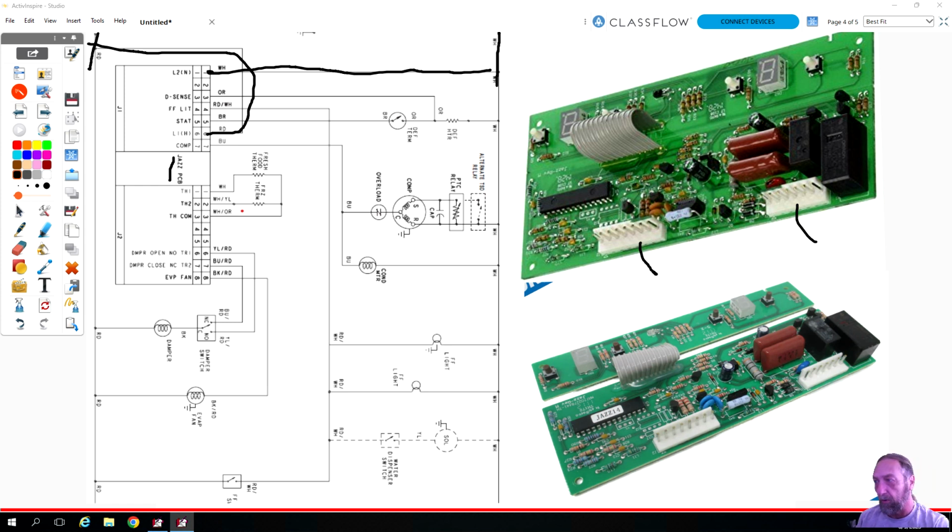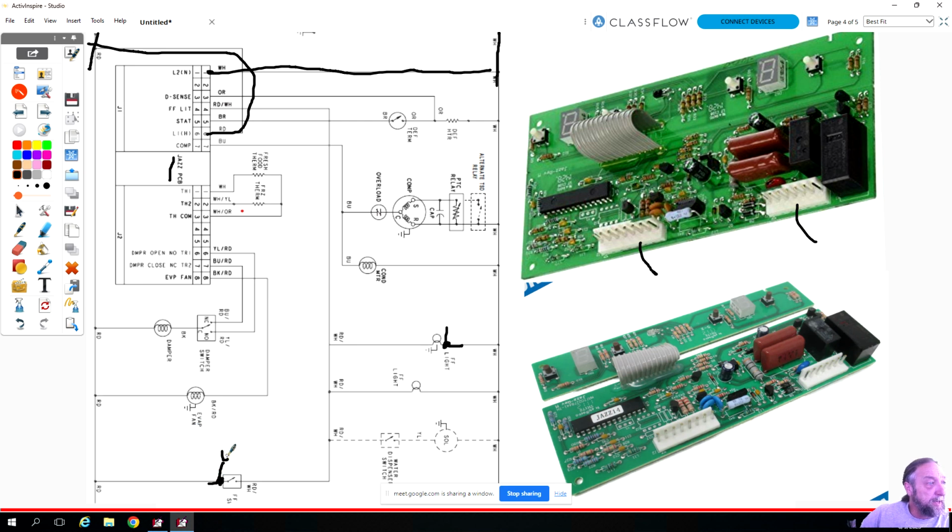So I took the neutral off the light bulb and I took the red wire off the light switch. Let's go to the diagram for a second. So I took the red one off the light switch here and I took the white off a light bulb here. So I got this wire hanging here and I got this wire hanging here.